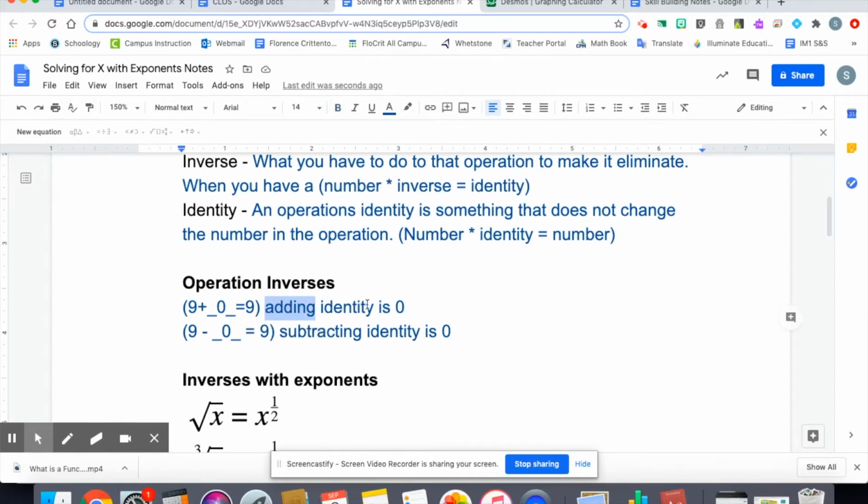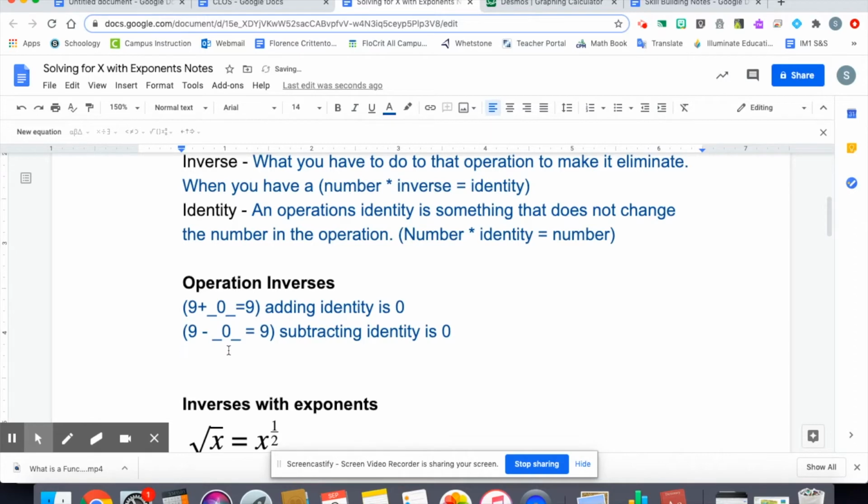How do I undo adding? Does anyone know, if we have something getting added to x, how would you undo it? Subtracting. And if I'm subtracting something from x, how would I undo it? By adding. So adding and subtracting are each other's inverses. I'm going to write that big right here. Adding and subtracting are each other's inverses.